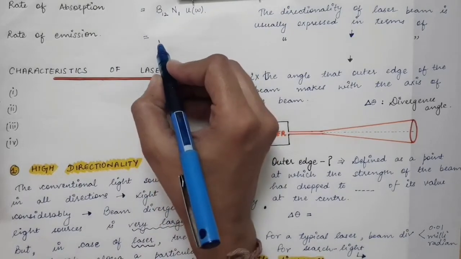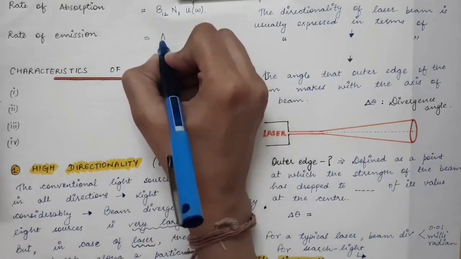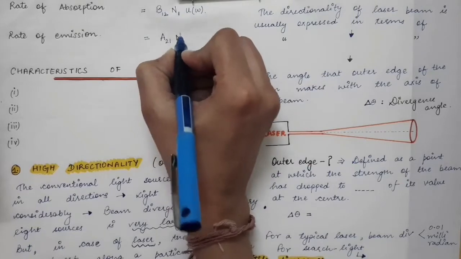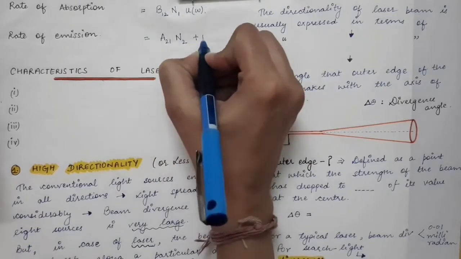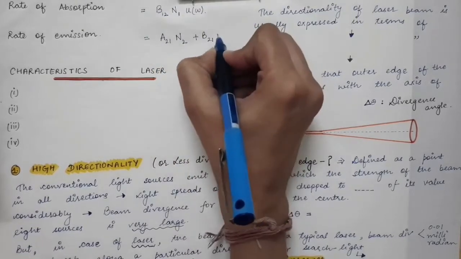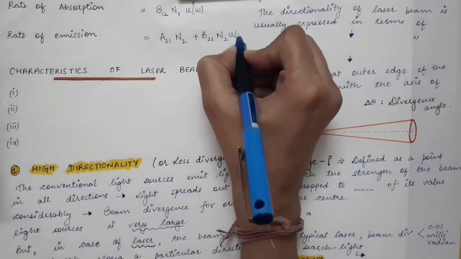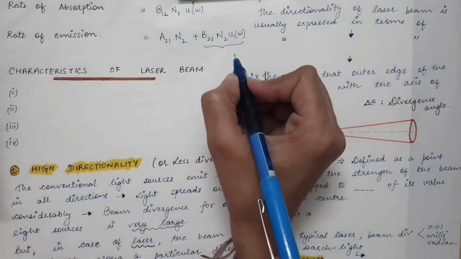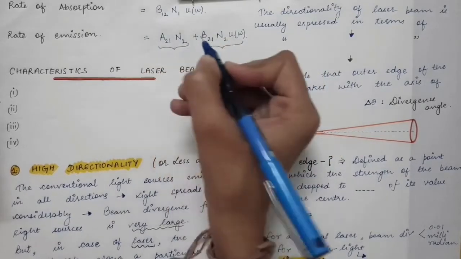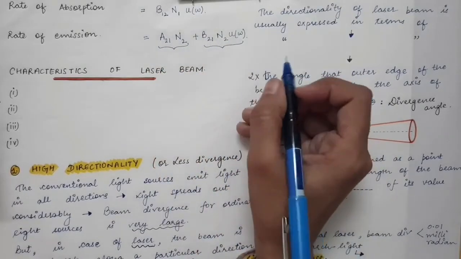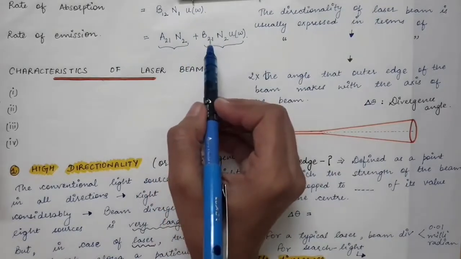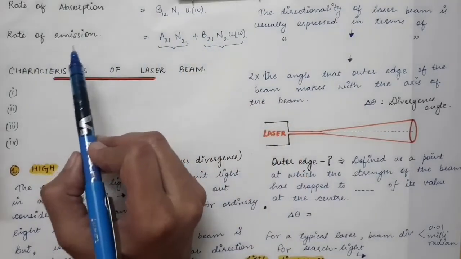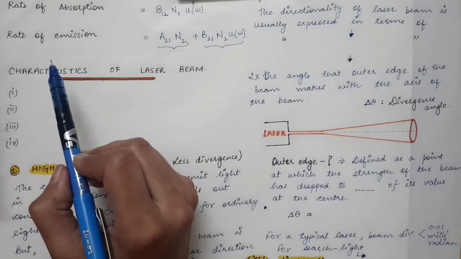So the rate of emission is equal to A21 into N2 plus B21 into N2 into U of omega. This is the rate of stimulated emission and this is the rate of spontaneous emission. The summation of both gives us the total rate of emission inside the gain medium.